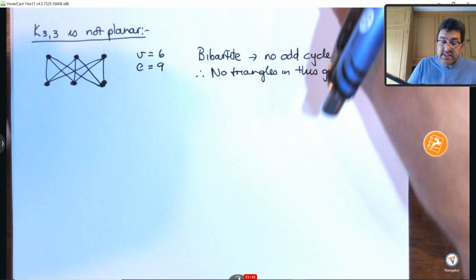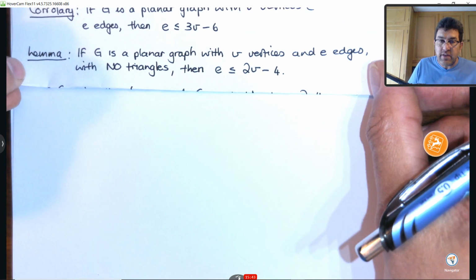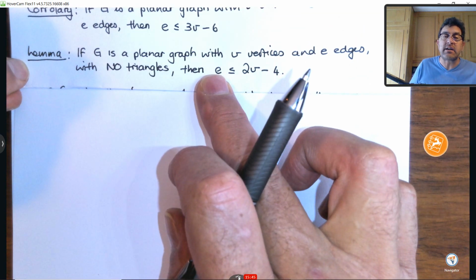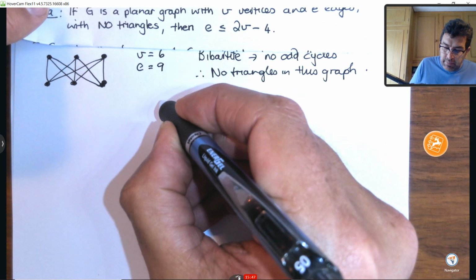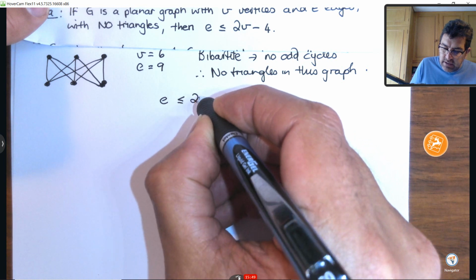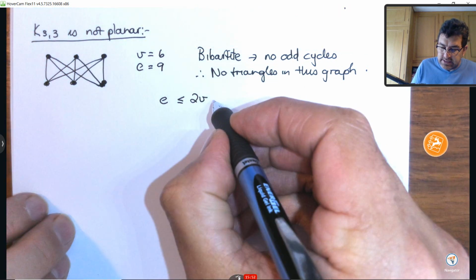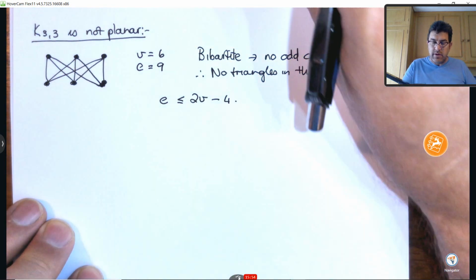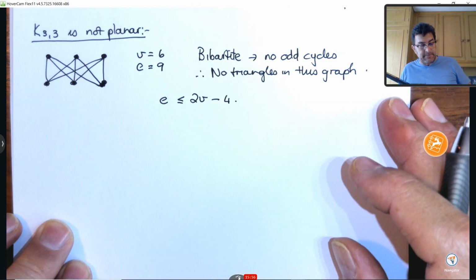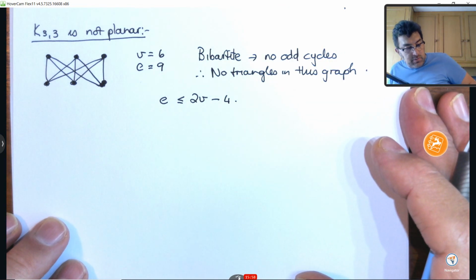So what can we say? We go to the lemma where there are no triangles. The number of edges has to be less than or equal to twice the number of vertices minus 4, if this is indeed the case. So what are we going to say?